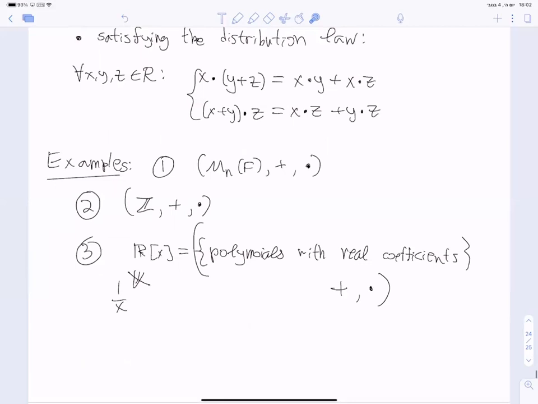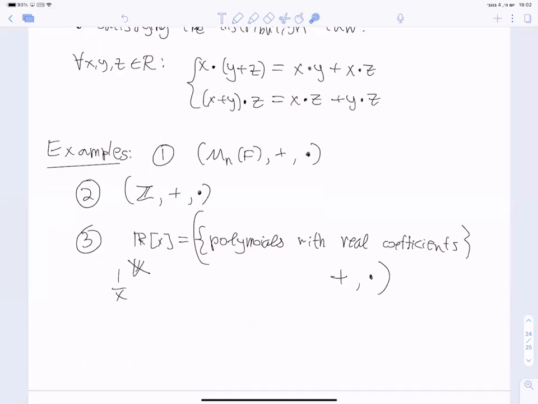Now, given a ring, of course, you have many more examples, like functions with composition and so on.